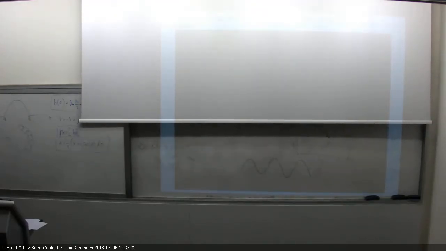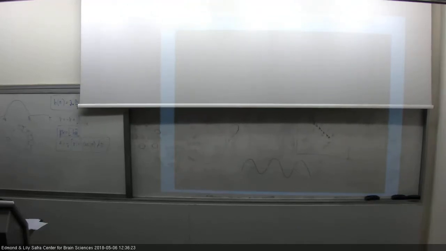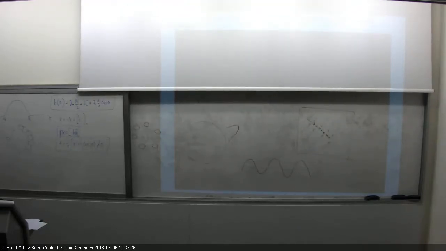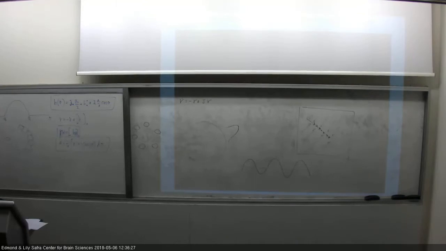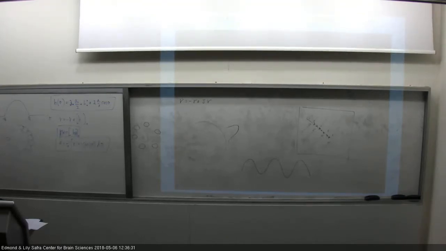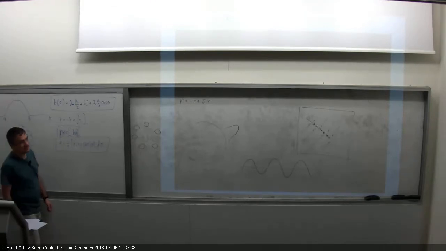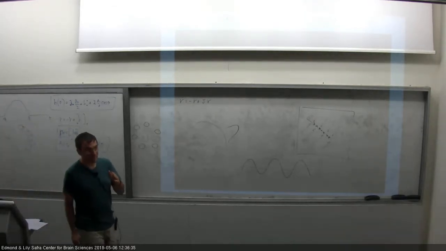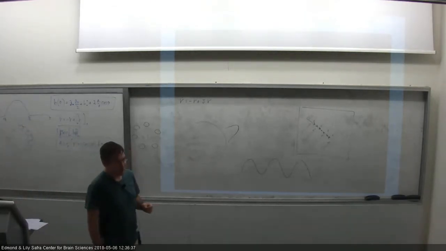So, in the presence of input, I presented evidence that the physical location of activity in the ellipsoid body is indicative of the azimuth of the visual stimulus.